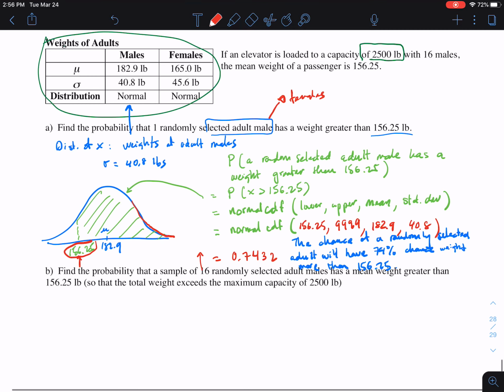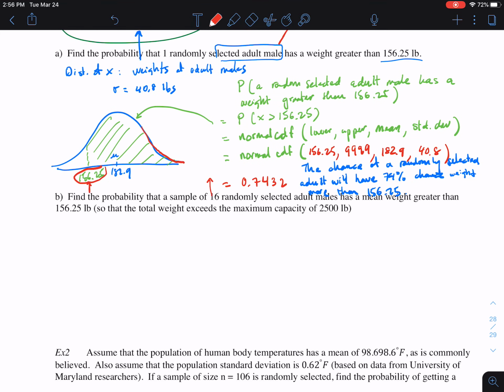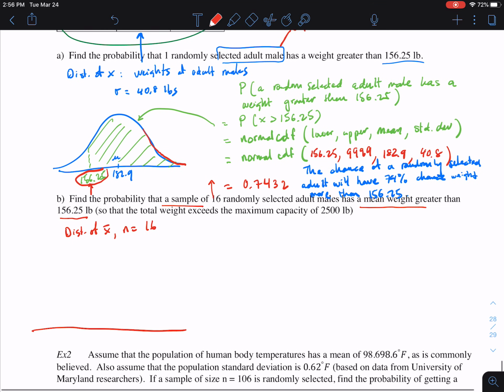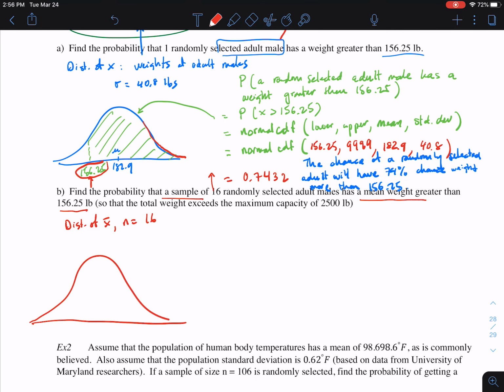Okay, so it's saying: what is the probability that a sample of 16 adult males has a mean weight greater than 156.25 pounds? So now I'm going to draw another distribution, the distribution of X bar, where the sample size is 16. Because the original population is normal, this distribution will be normal as well.